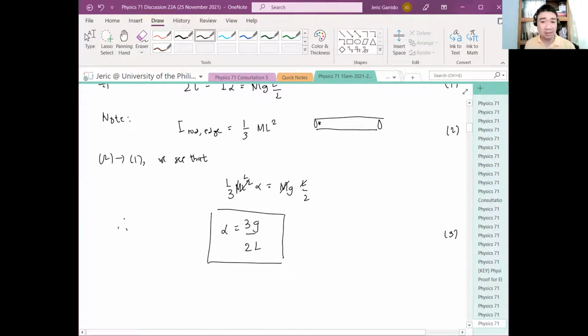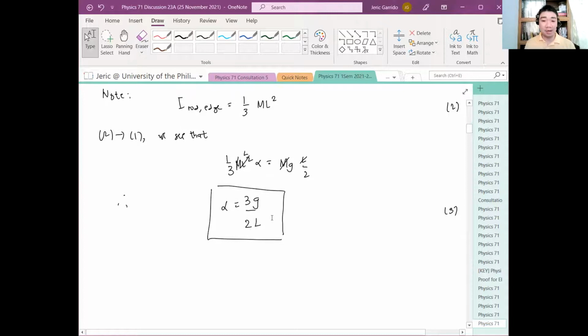Yung nasa gitna, it's 1/12, it's not 1/3, kasi nagbago yung axis of rotation. Okay? Constant lang yung 1/3 ml² na yan. Given yan. Hindi ko lang nasulat sa problem statement. Pero nonetheless, that is your angular acceleration.